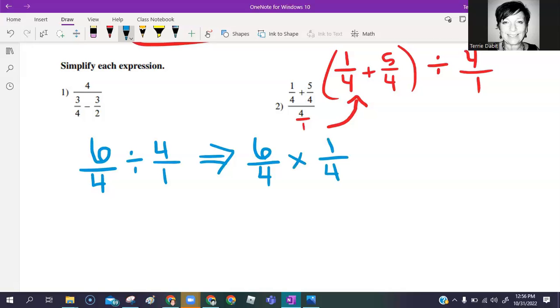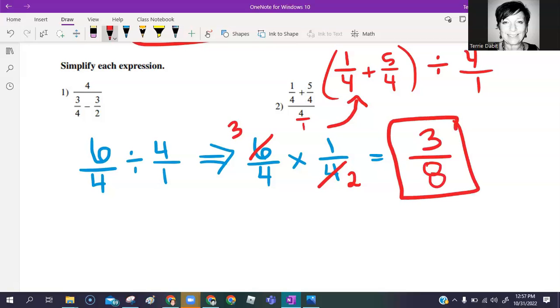And then I multiply straight across. Now here, I don't know if you know anything about cross canceling, but the 2 will go into both of those. This helps me reduce the fraction at the end. So I have 3 times 1 equals 3, and then 4 times 2 equals 8. Final answer would be 3/8.